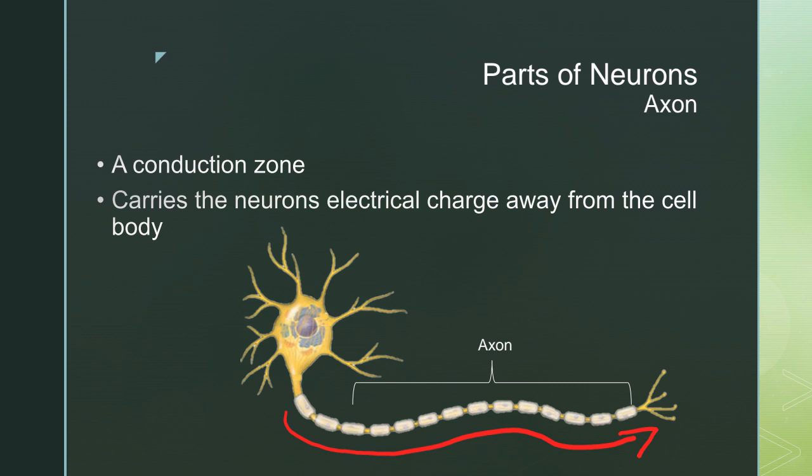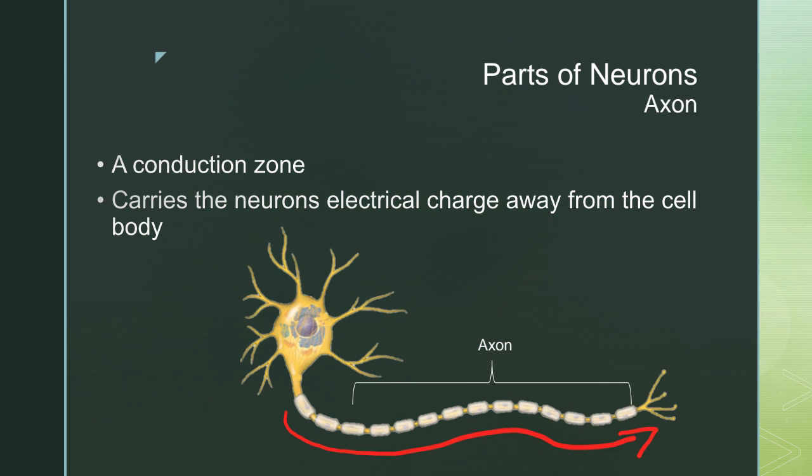The axon is the structure that carries those action potentials that you probably learned about in your intro class, from the cell body down to the axon terminals, so the end of the neuron. So this is the input zone, this is the output zone. The axon carries those signals down to the output zone.